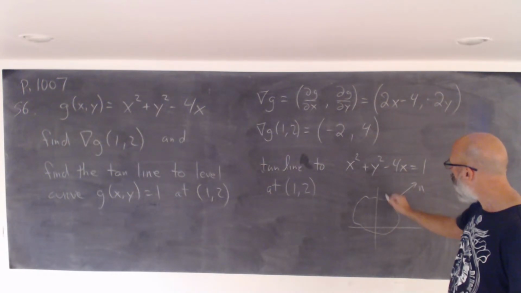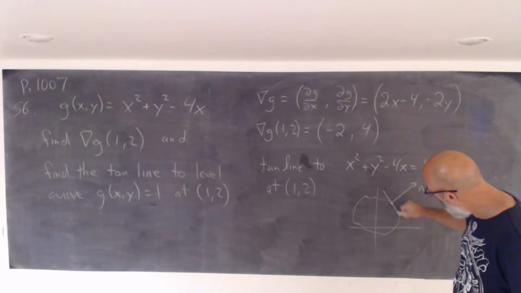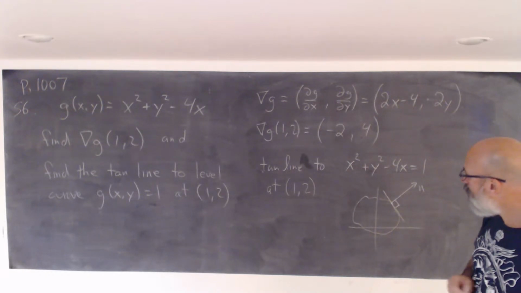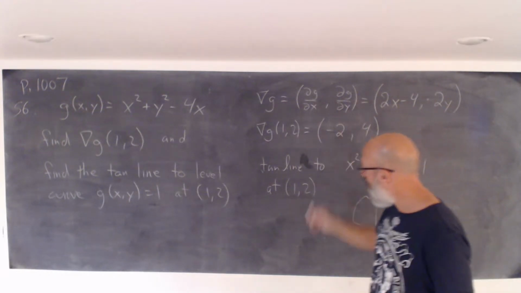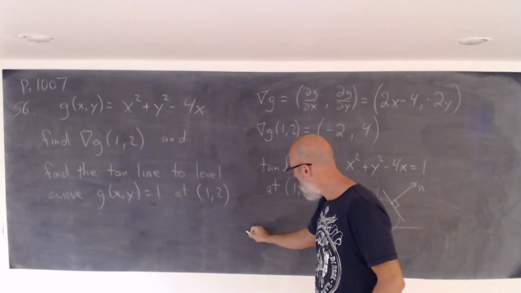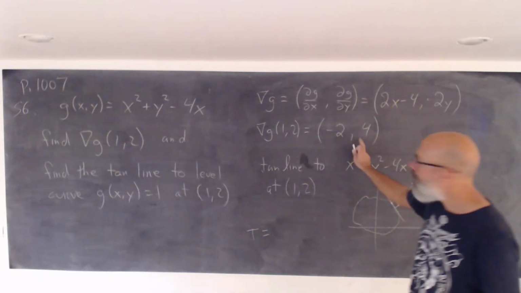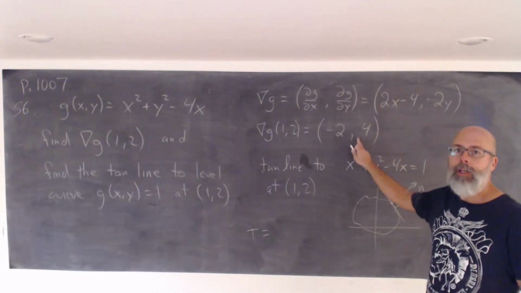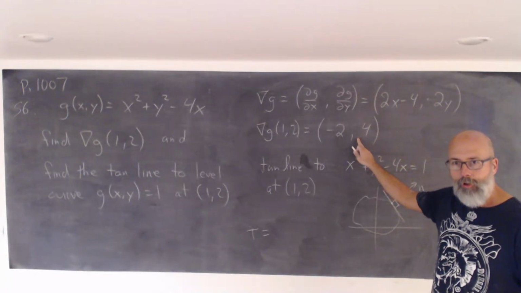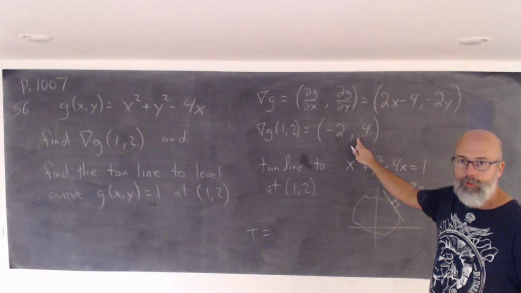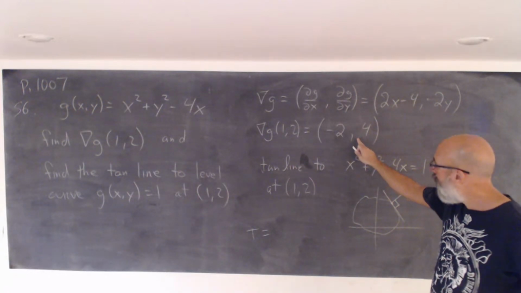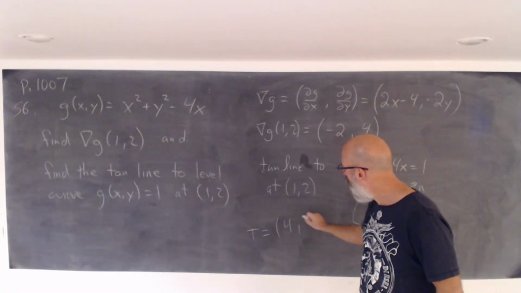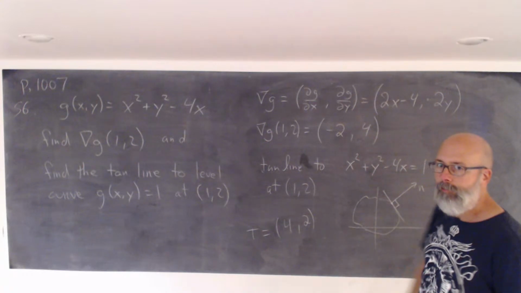Now we want the tangent line. So this is what we want. The tangent is going to be orthogonal to this vector. Any orthogonal vector will do, except for the 0 vector, of course. So in particular, take the vector (4, 2).